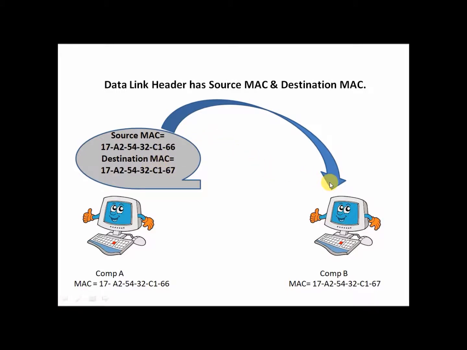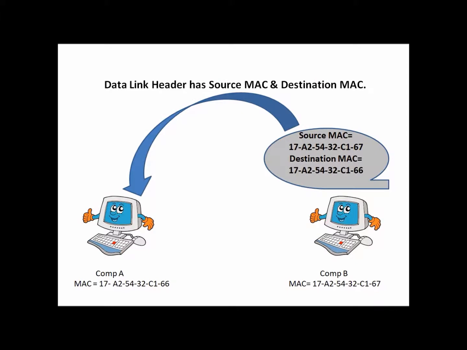This source and destination MAC will be placed on the data packet in the header. If the data is transferred from computer B this time to A, similarly, the source MAC will be 67 this time, because computer B is transferring to computer A, which is 66.